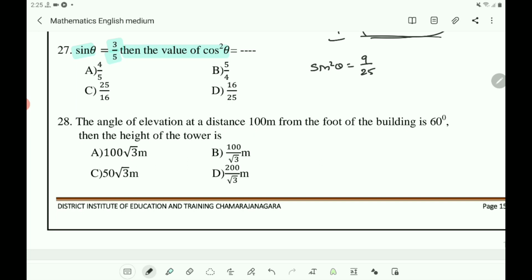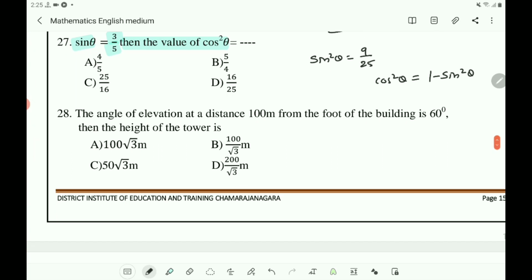Then you know that sin square theta plus cos square theta is equal to 1. So cos square theta is equal to what? 1 minus sin square theta. So that becomes 1 minus 9 by 25.